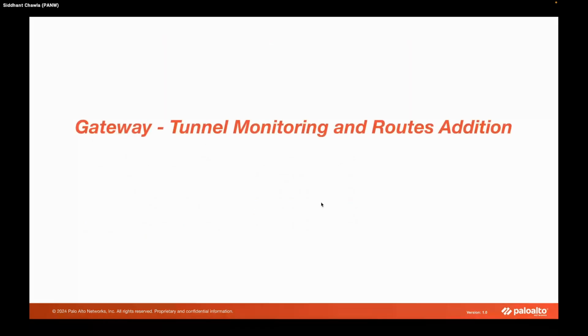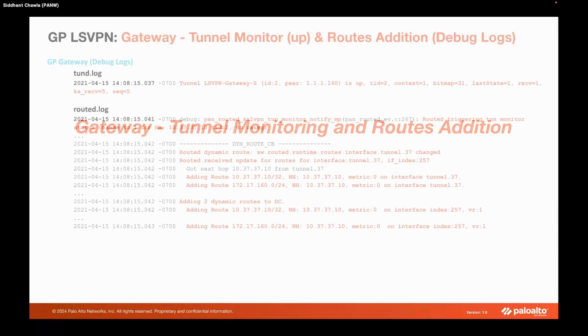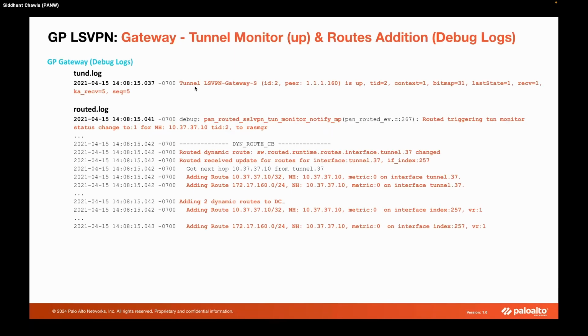Okay, gateway tunnel monitoring and routes addition. The same thing which we observed on the portal side. We can also check on the gateway under the TUND logs and the routes which are being injected. You can see the information over here in the routed D log. So you can see adding routes information.